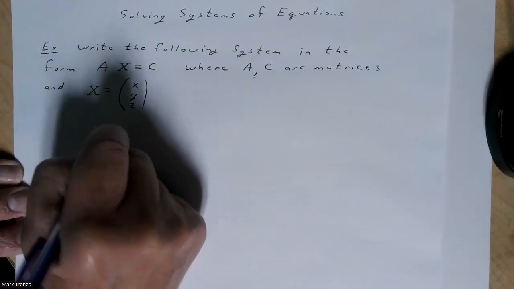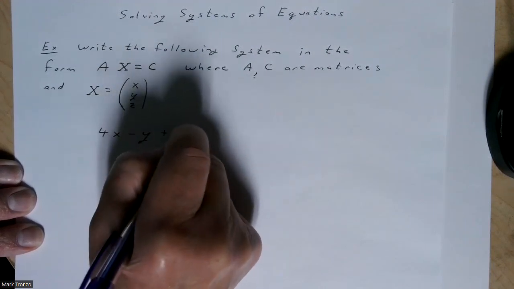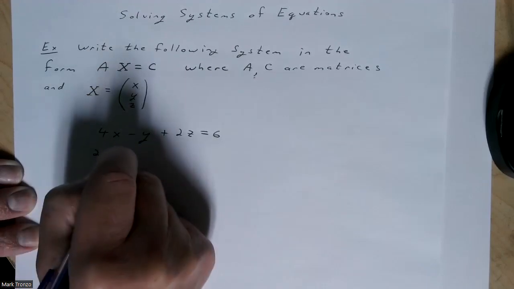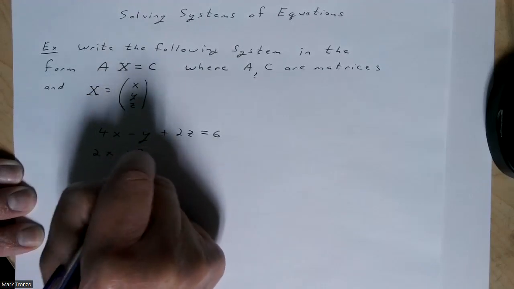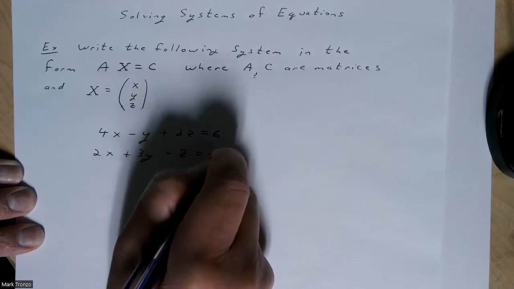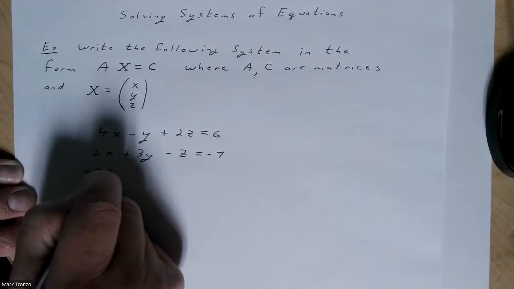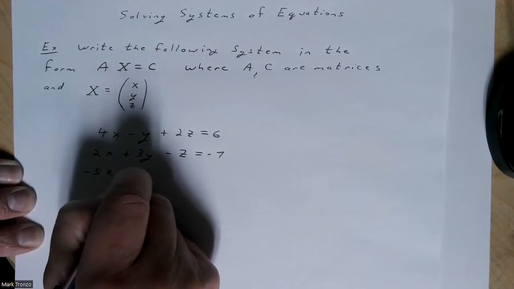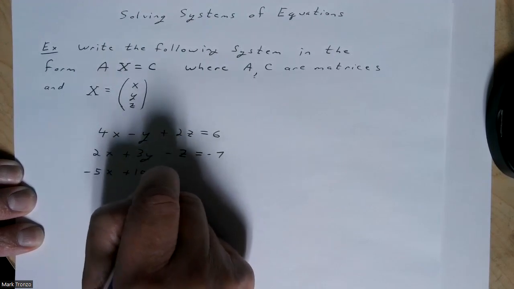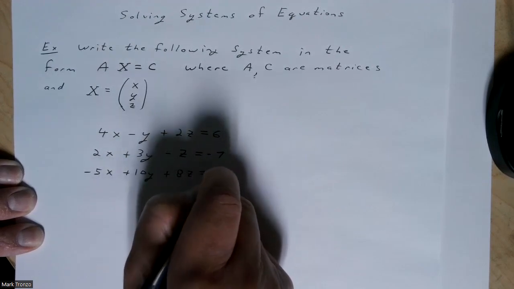So say we have 4x minus y plus 2z is 6, 2x plus 3y minus z is minus 7, minus 5x plus 10y plus 8z equals 1.